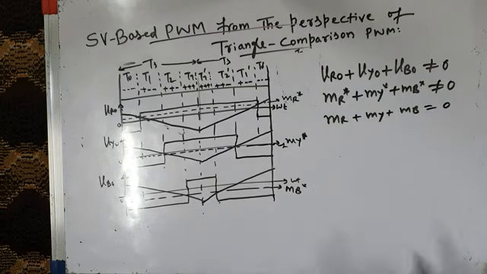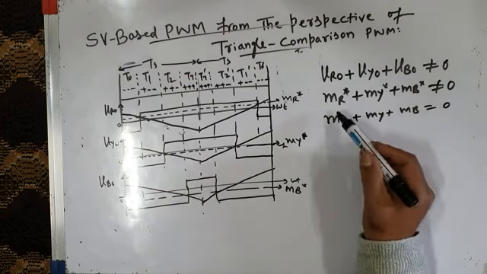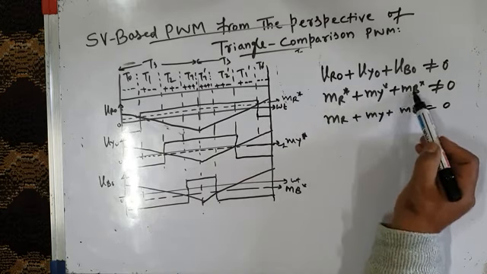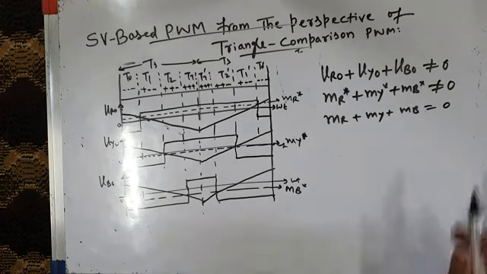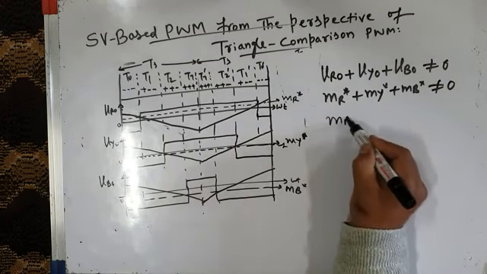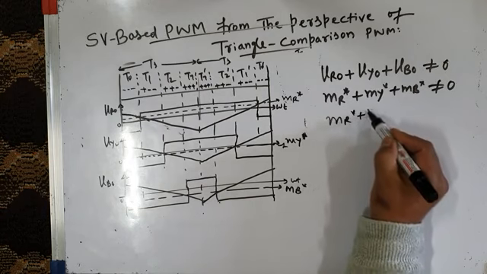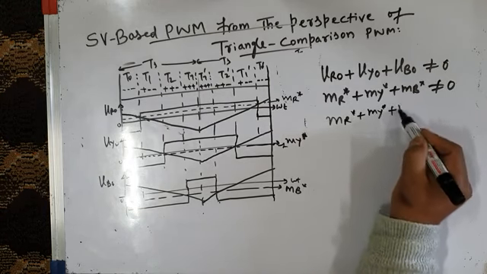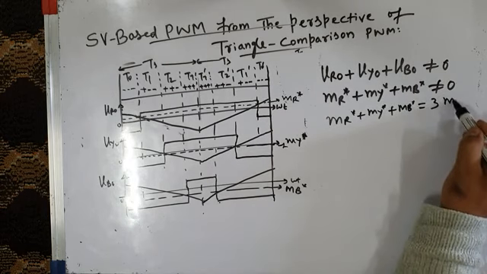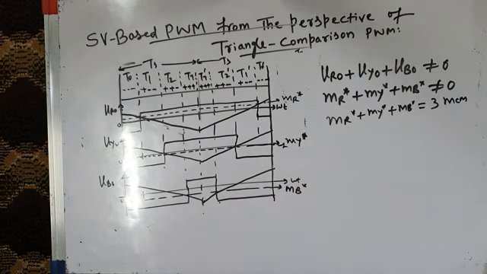But when you are modifying your modulating waves, they are not sinusoidal; you are adding some common mode signal to them. They become MR star, MY star, MB star, and then their sum is not equal to 0. In fact, their sum is 3 times the common mode signal, MCM.